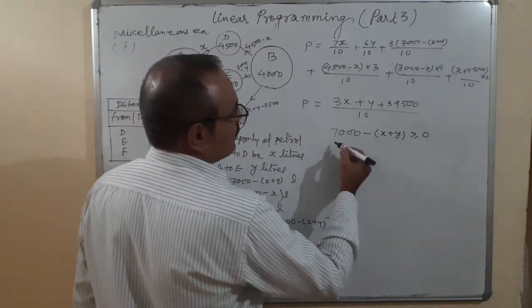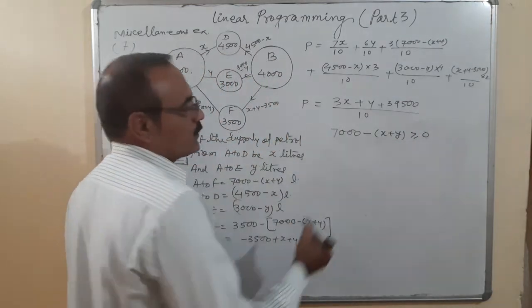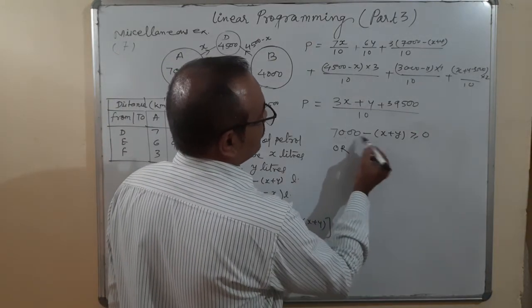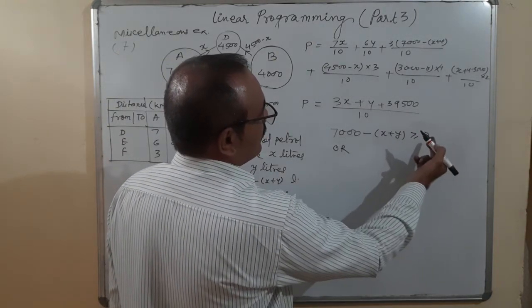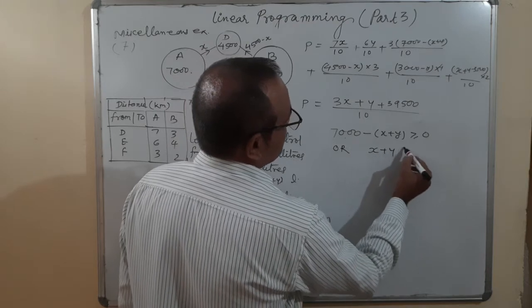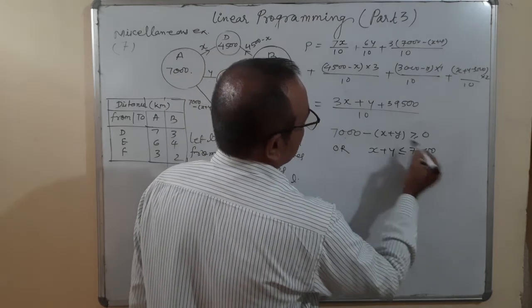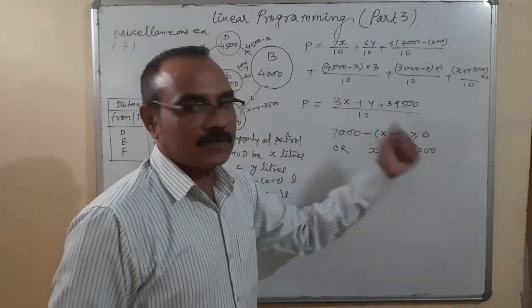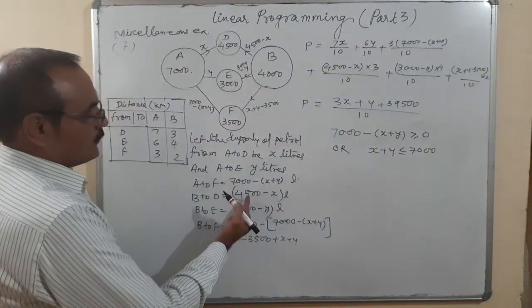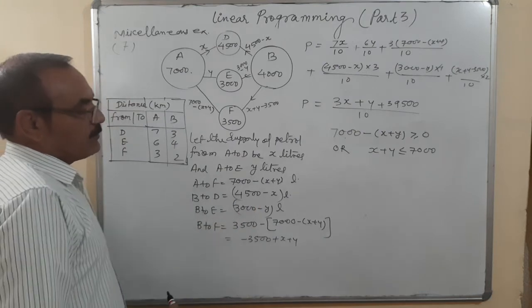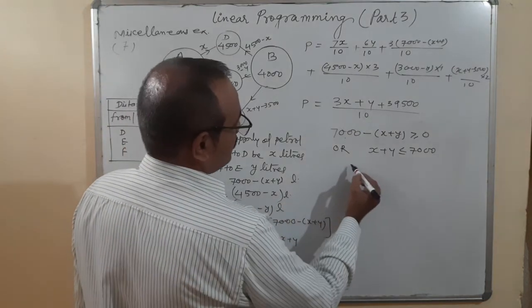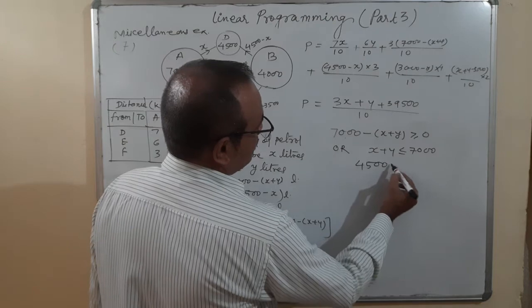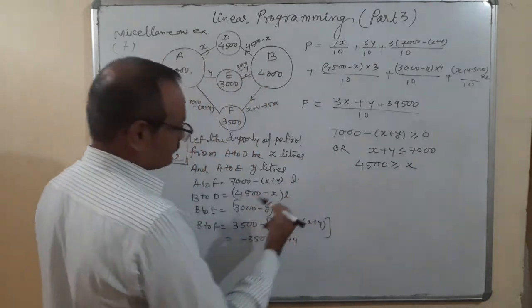What does it mean? 7,000 is greater or equal to x plus y, so x plus y is less or equal to 7,000, same meaning. Next, 4,500 minus x is greater or equal to 0, so 4,500 is greater or equal to x.